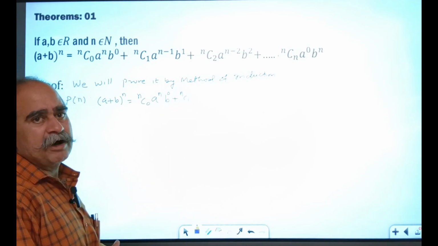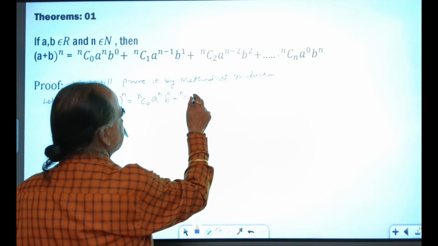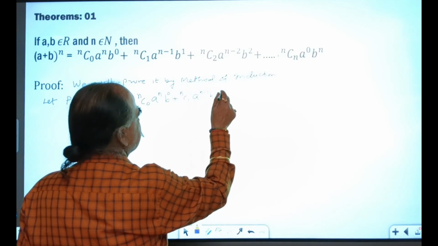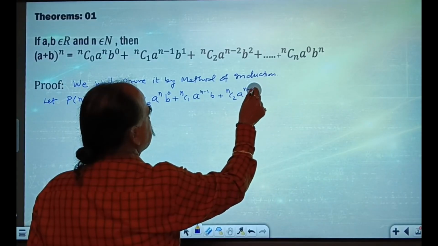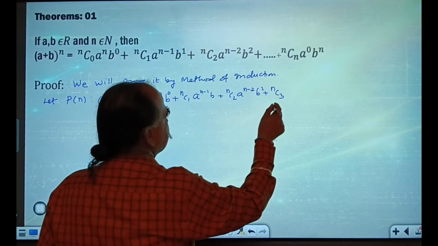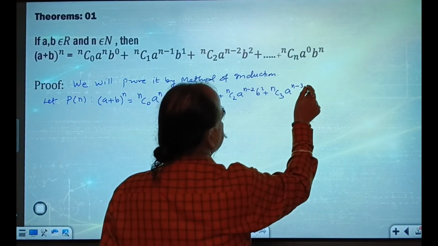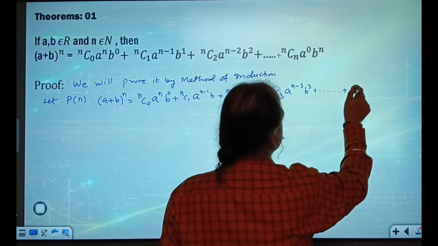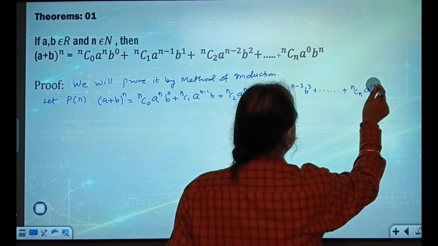We keep on decreasing the power of a and increase the power of b. nC1 a raised to n minus 1, b, plus nC2 a raised to n minus 2, b squared, plus nC3 a raised to n minus 3, b cube, plus nCn a raised to 0, b raised to n.